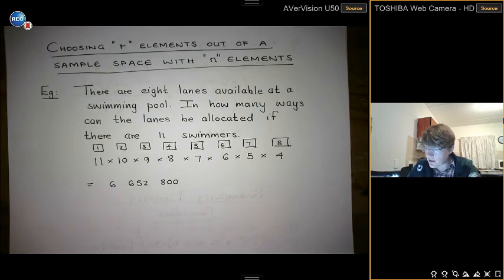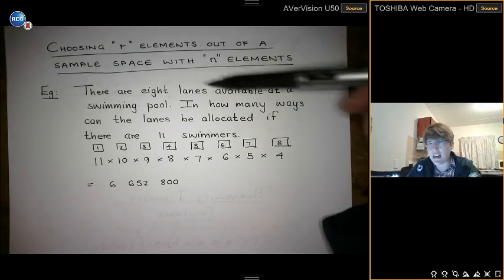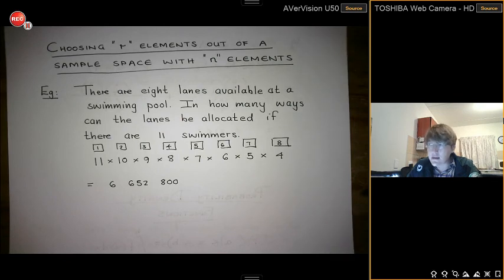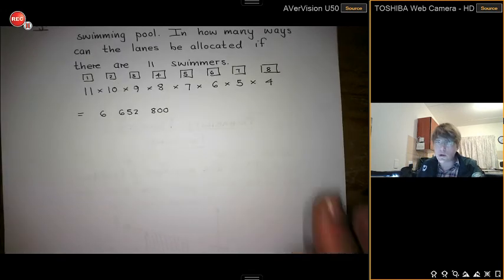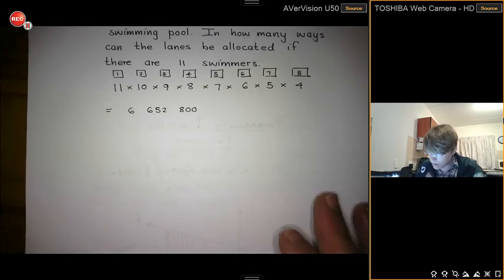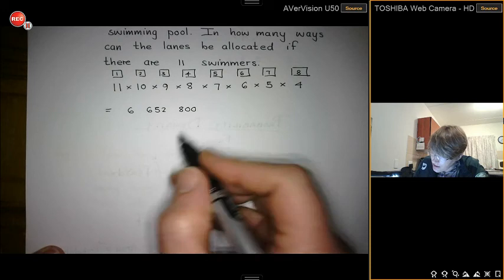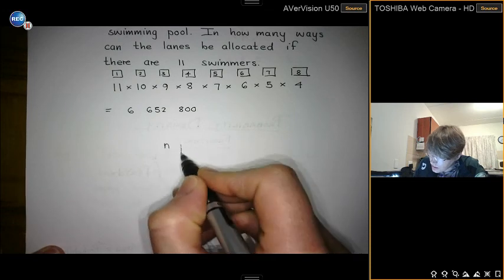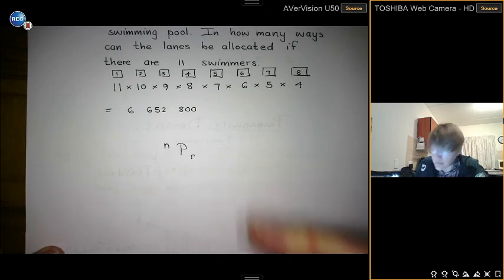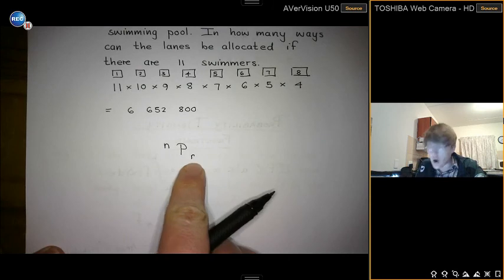Choosing r elements out of a sample space with n elements. Now there is a shorter way to do this, and that is to understand something called a permutation. Fancy word, I know. You don't really even have to remember this name. Generally, they don't talk about this in the textbooks. A permutation is written nPr. So that's where that n and that r comes from.